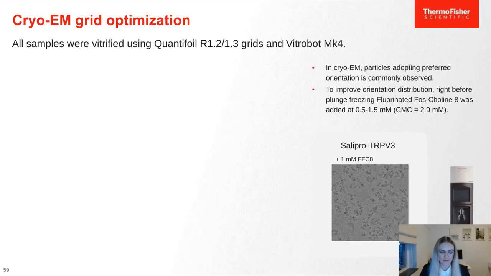So the first step is really important in this workflow, and is cryo-EM grid optimization. All samples that I will talk about were vitrified using Quantifoil R1.2/1.3 grids, and using a Vitrobot Mark IV plunge freezer.